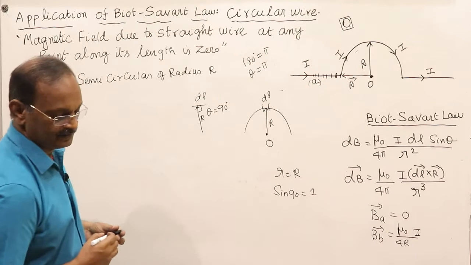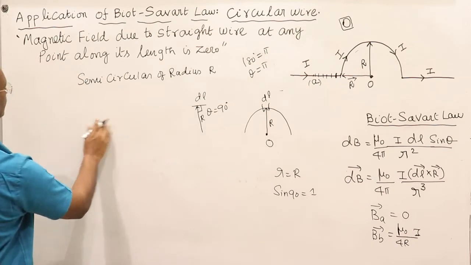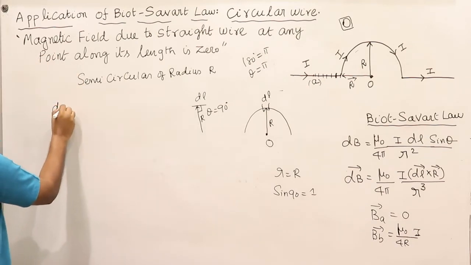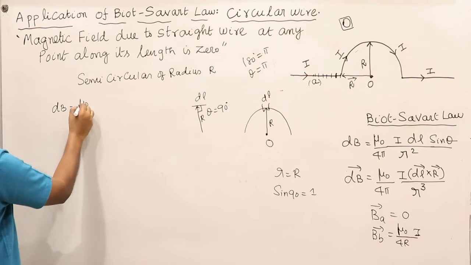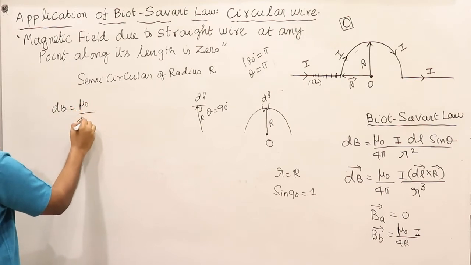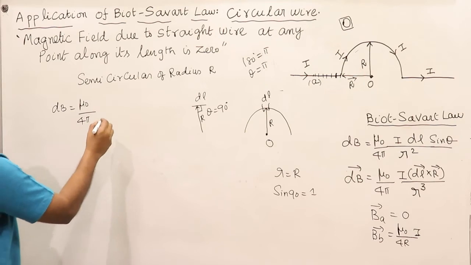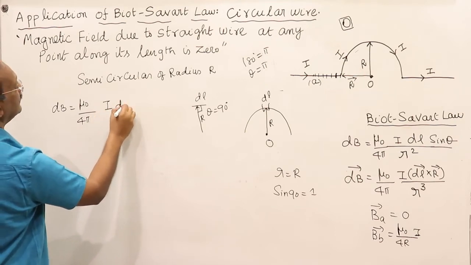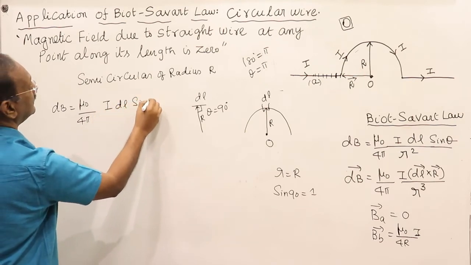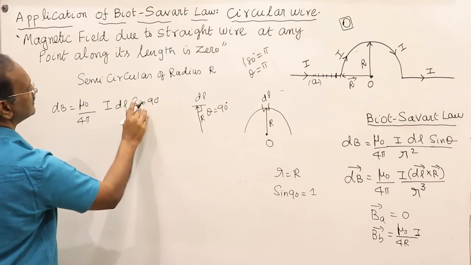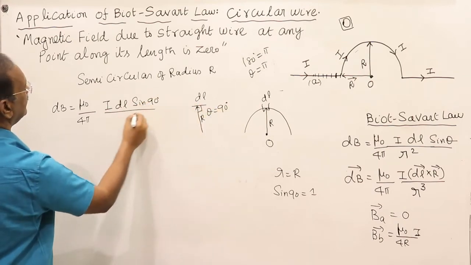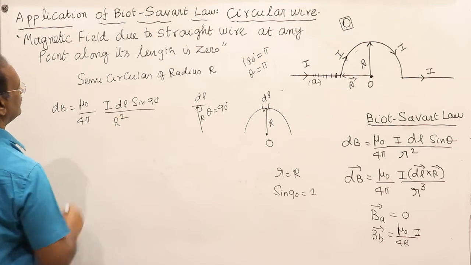Now we can write this in the formula. dB is equal to mu naught by 4 pi into I dl into sine 90, which is equal to 1, divided by the distance square.